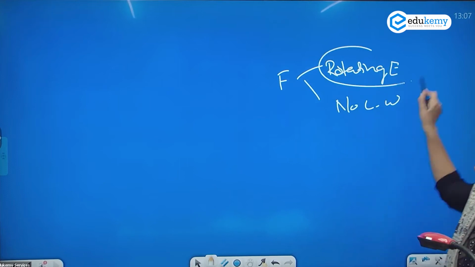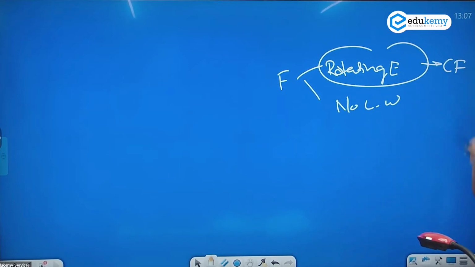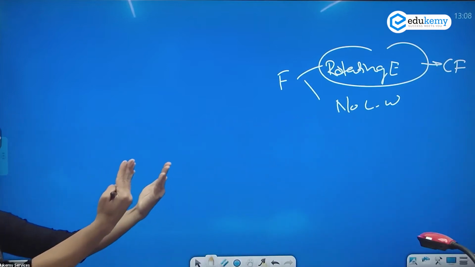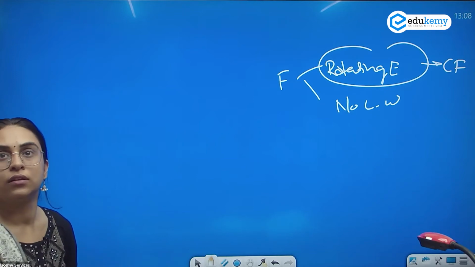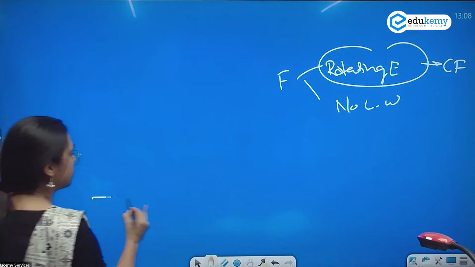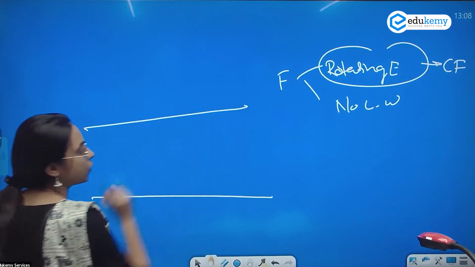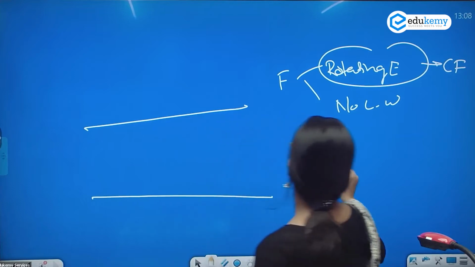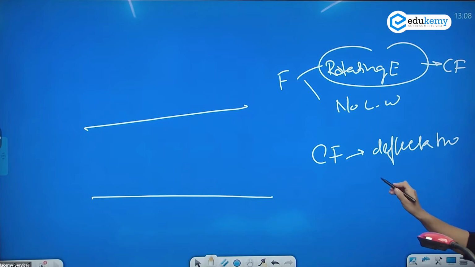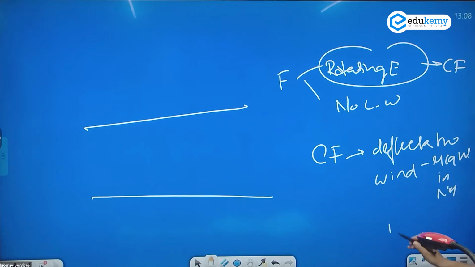If there is rotating earth, therefore he will account for Coriolis force. Now what does Coriolis force do? When Ferrell accounts for Coriolis force, क्या करता है? Coriolis force deflects the wind towards the right in the northern hemisphere, and it deflects the wind towards the left in the southern hemisphere.